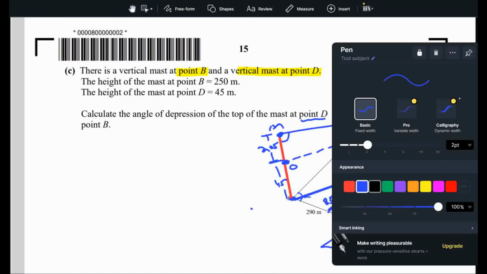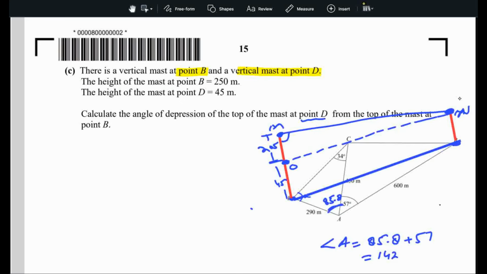Now I think the question is very clear. Angle of depression means we have to find this angle X. So first of all, we have to find ON, which is parallel to BD.